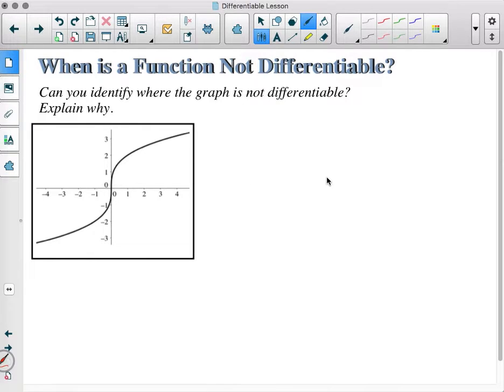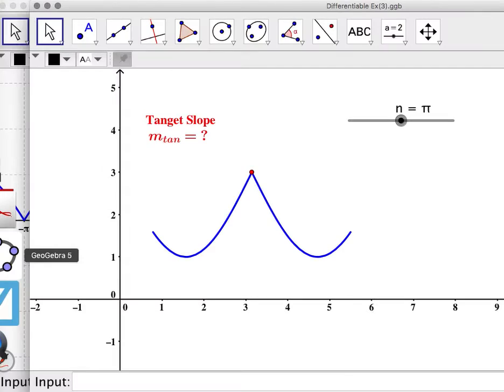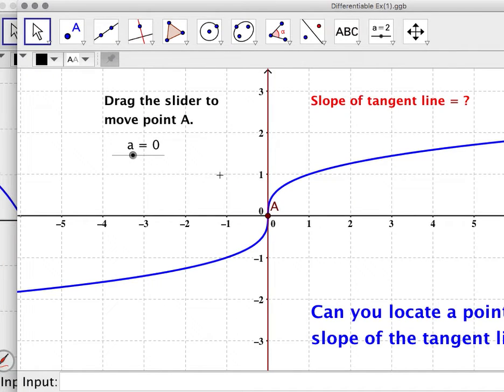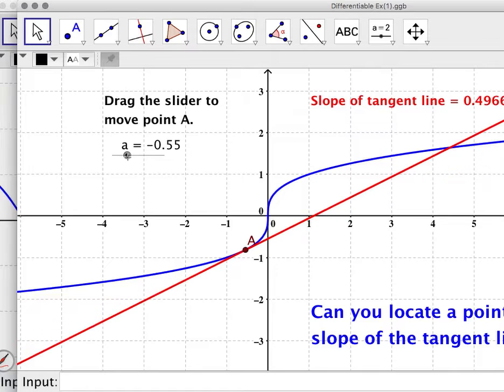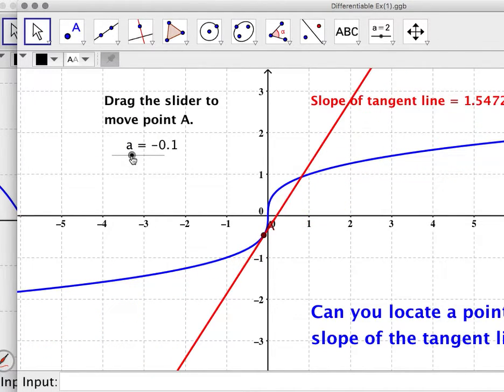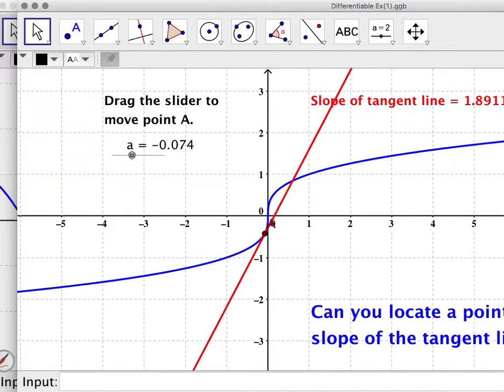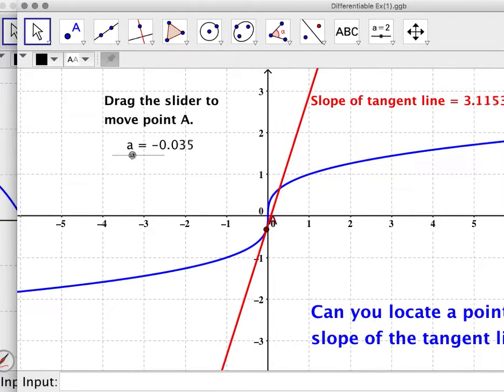And then in this next example, I'll pull up a GeoGebra graph again. And we see that if I take the tangent slope as we go towards 0 from the left, we see we're approaching numbers smaller and smaller as I get closer and closer to 0. Well, that's the x value.